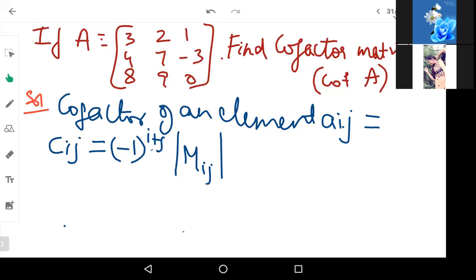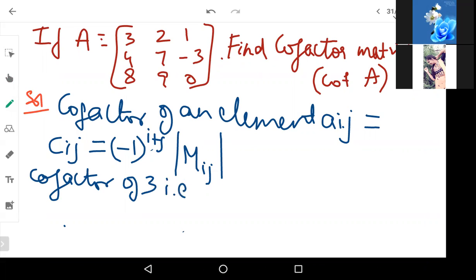Now let us start multiplying. We have to find the cofactor of the first element. The first element is 3. Cofactor of 3.